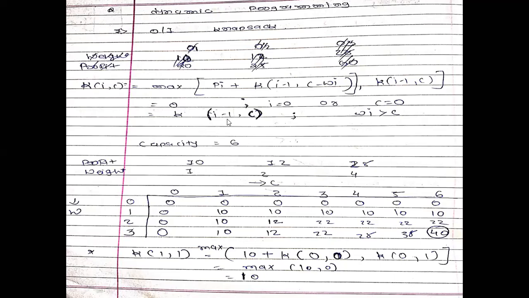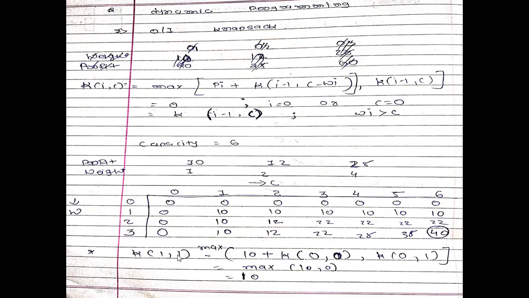So you have to implement this formula: weight of I is greater than C. Here weight of I is 1. So weight of the first item is 1, and 1 is not greater than this C. C is again 1.